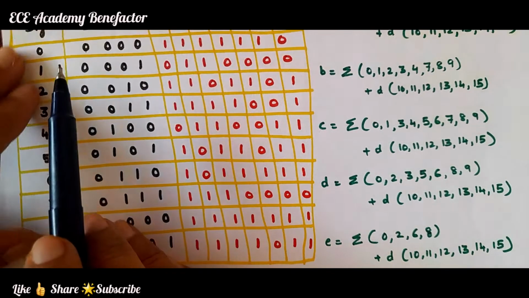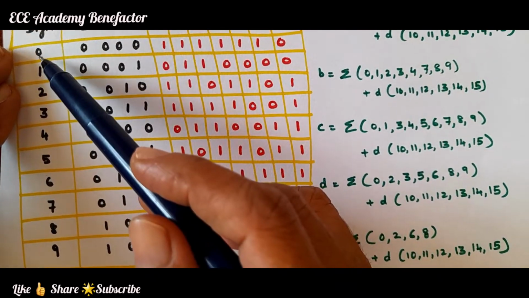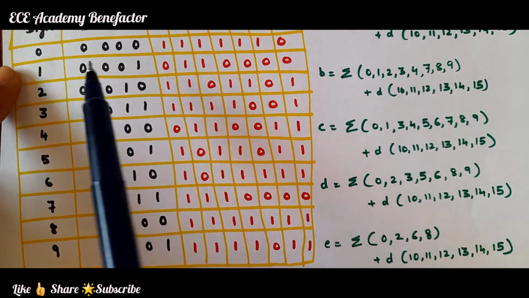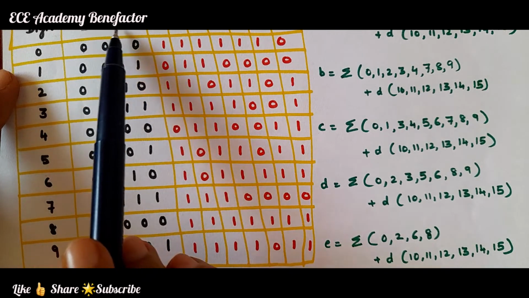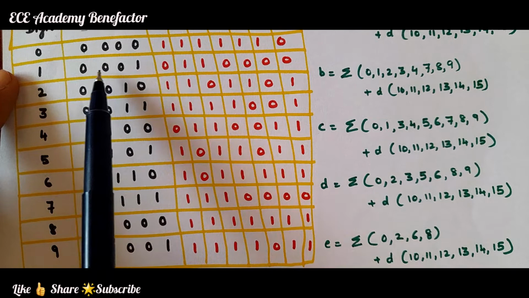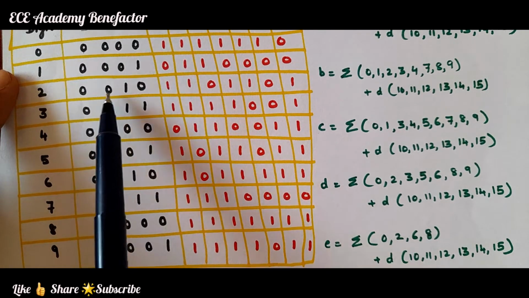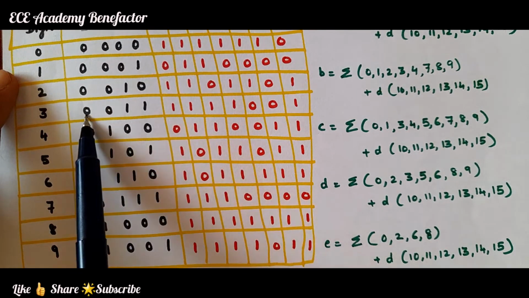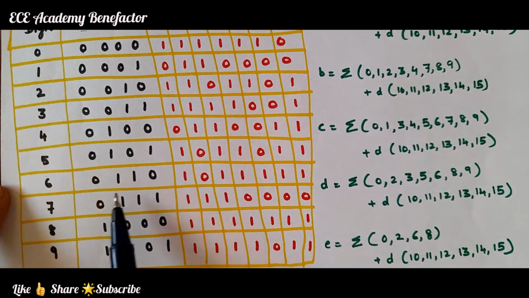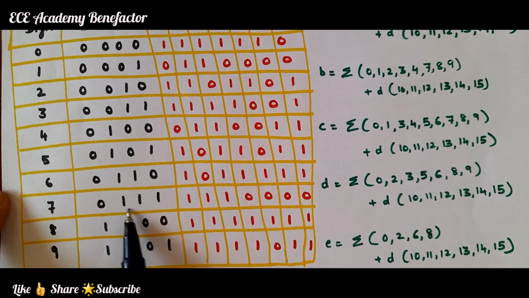The digits we can get are 0 to 9, so we have written 0, 1, 2, 3, 4. Now for the inputs A, B, C, D, let us write their BCD numbers: 0000, 0001, 0010, 0011, 0100, 0101, 0110, 0111, 1000, 1001.